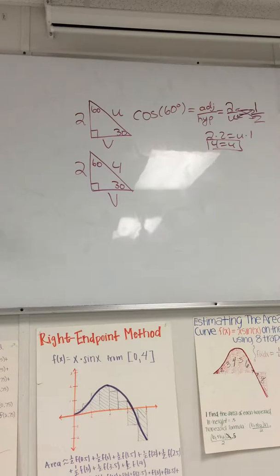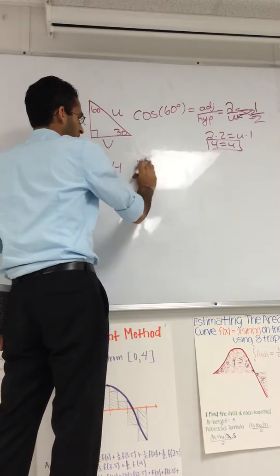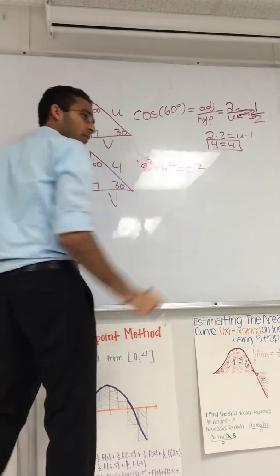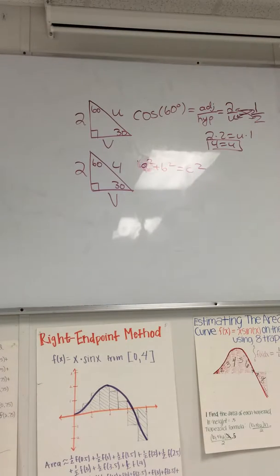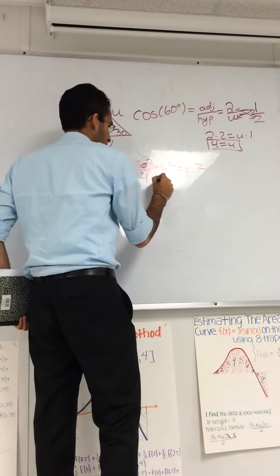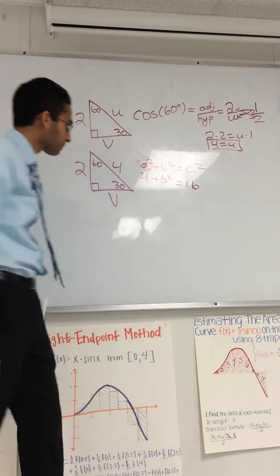There are 3 ways to find v. Anybody have an idea how I could find v? Marvin, you have one? 2 squared plus b squared equals 4 squared. Certainly the Pythagorean theorem, which says a squared plus b squared equals c squared. So let's see how that would work. Well, a is 2, so 2 squared is 4, plus b squared, I don't know what b is, equals 16.